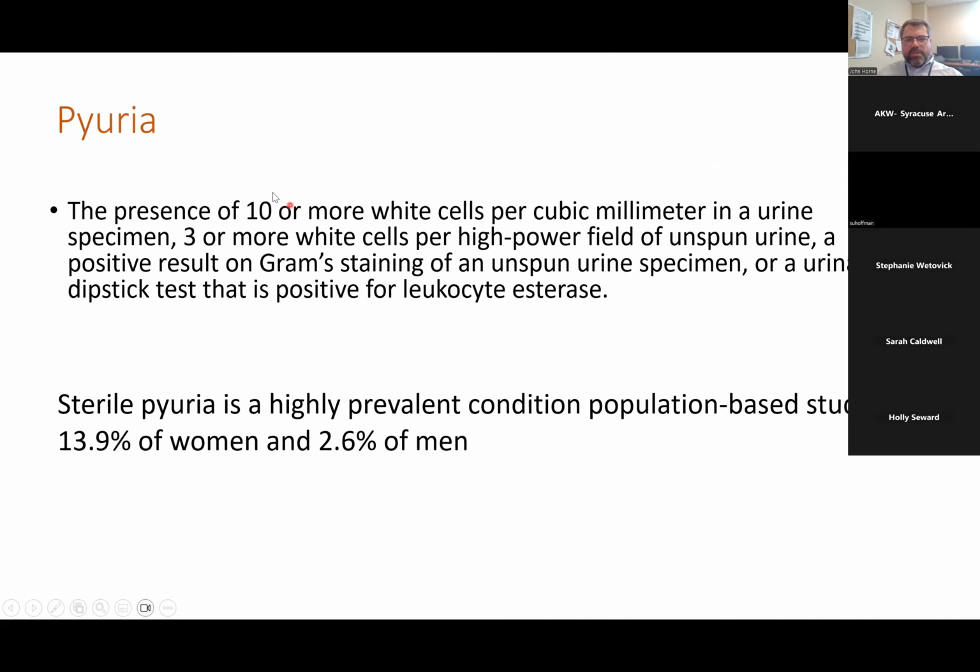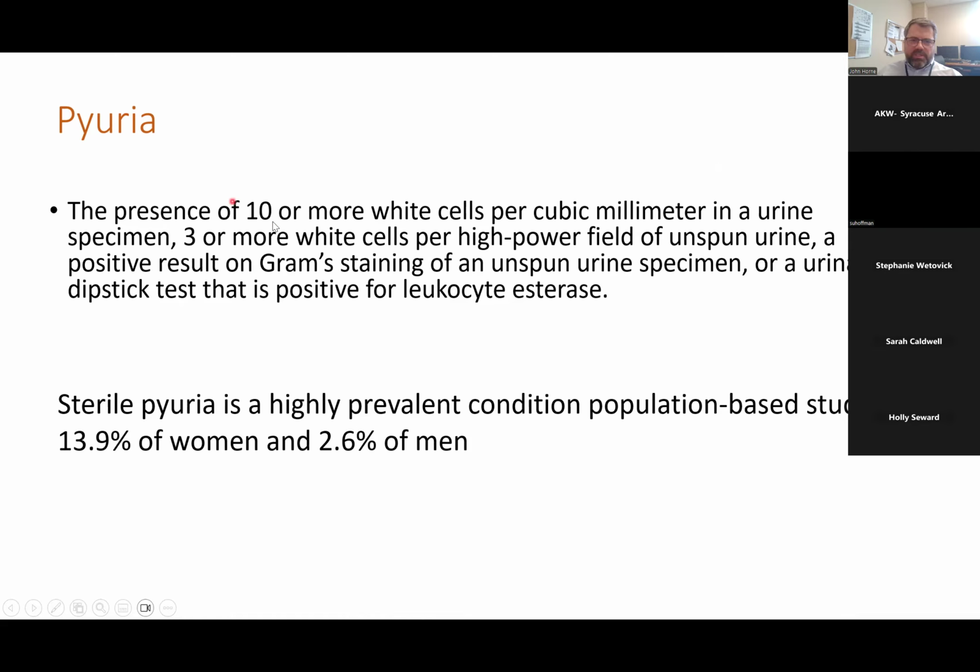So if it meets the criteria to have a culture done, in some places in the past, if it hasn't been updated, the reflex criteria might be that it smells bad, or that it has clumps, or if bacteria is seen. Really, it shouldn't be determined on the smell of the urine or the cloudiness or if bacteria is seen. The most important thing is going to be the number of white blood cells.